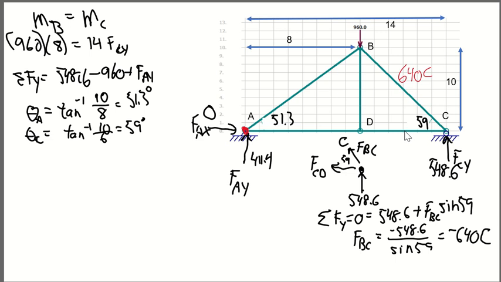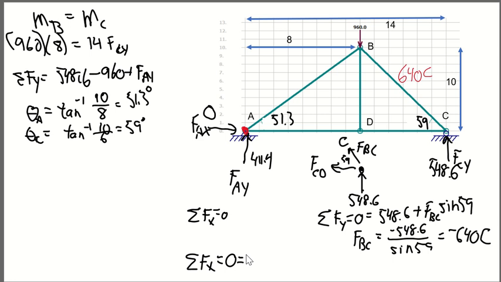Now we're going to find this next one. I'm going to need some more real estate in a little bit, but I can do it here. So now I'm going to do the sum of the forces in the x direction equals 0. Actually, I'm going to come way down here. Okay?